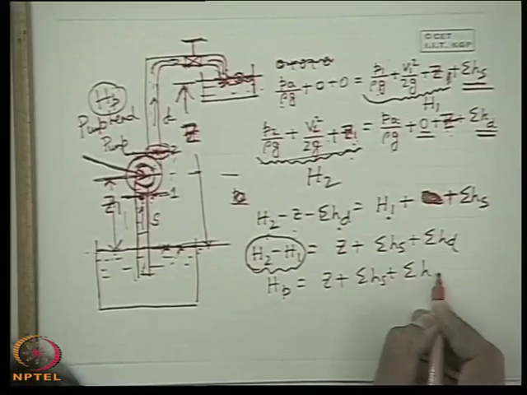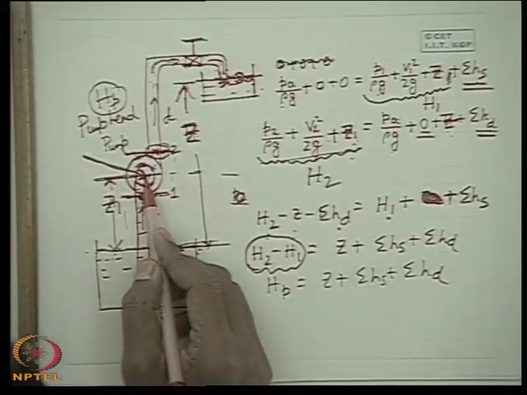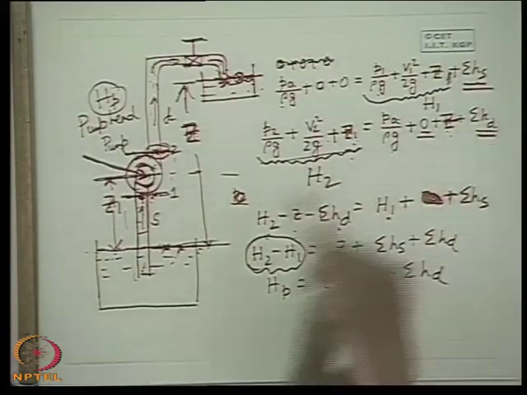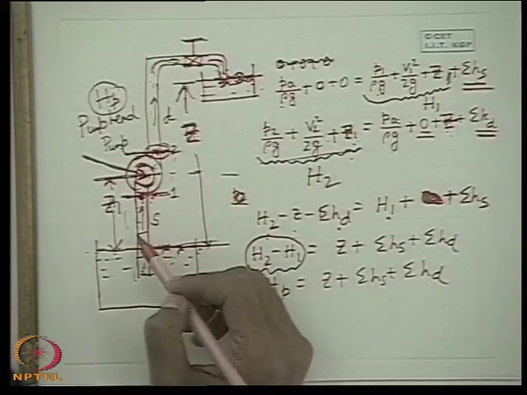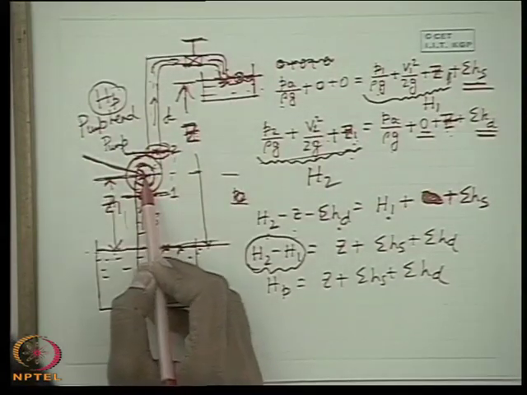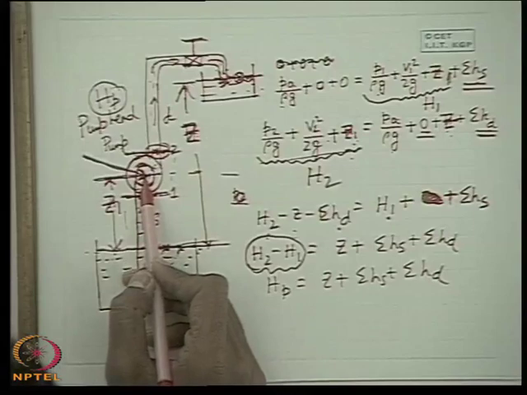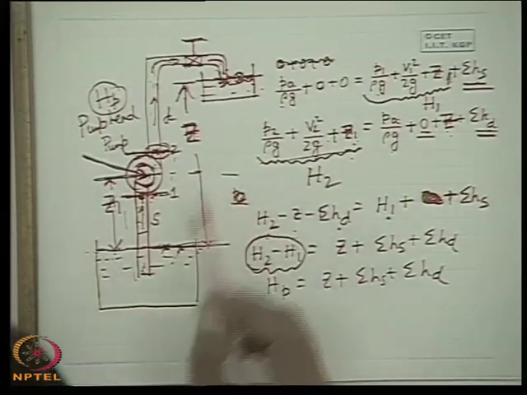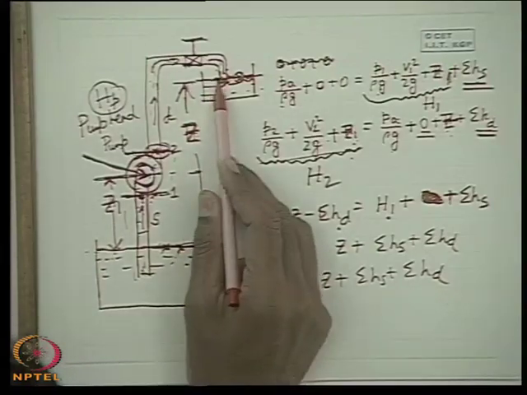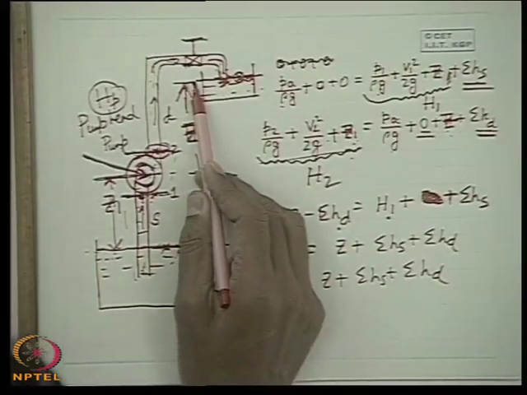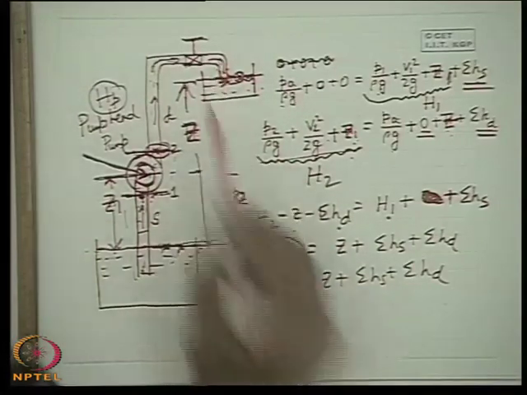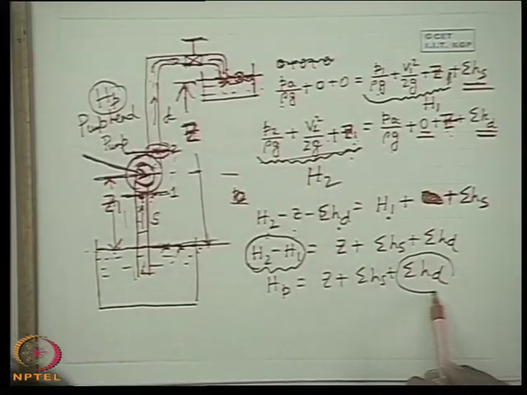And from common sense, we can definitely tell, without knowing Bernoulli's equation or any pipe flow problem, an intelligent student of class 10, if told this problem, will say yes, the pump has to develop an energy which must balance the energy equivalent to this height. That means the liquid has to be lifted, so this potential energy is created, plus the losses, and also to create the velocity, which of course is included in HD.